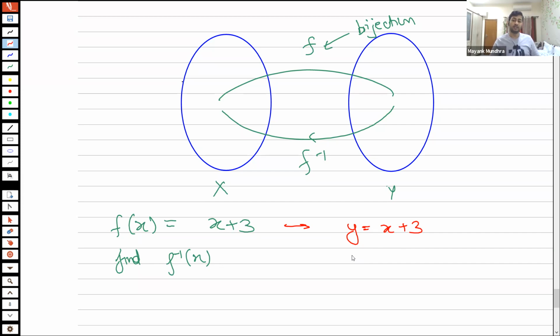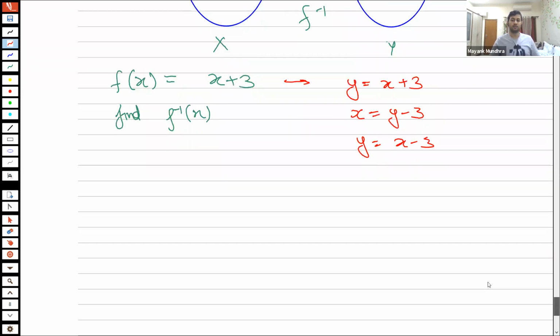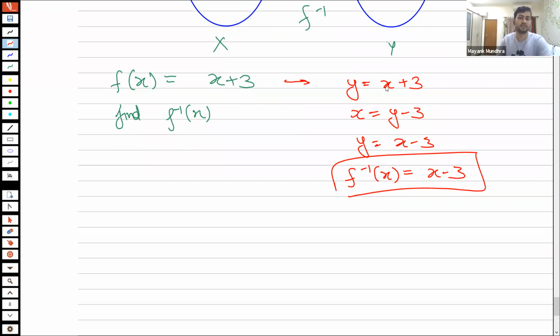So you get x equals y minus 3. And then you interchange y and x, so finally y equals x minus 3. And then you say that f inverse of x equals x minus 3. This is how you find f inverse.